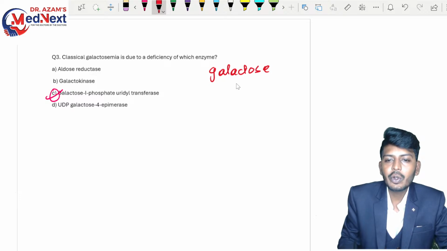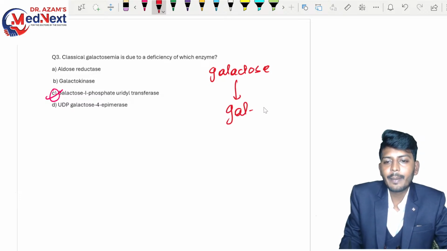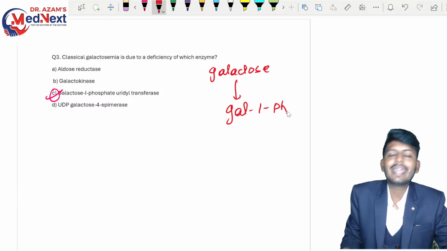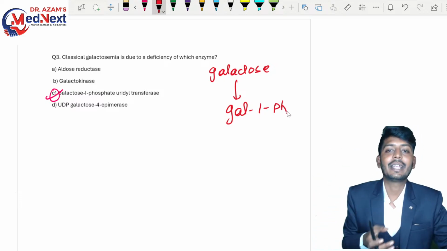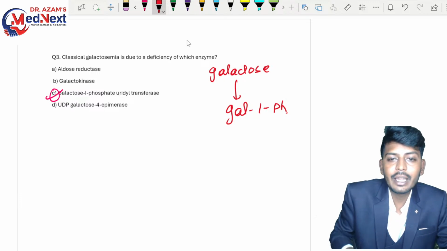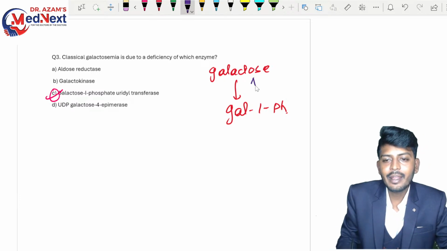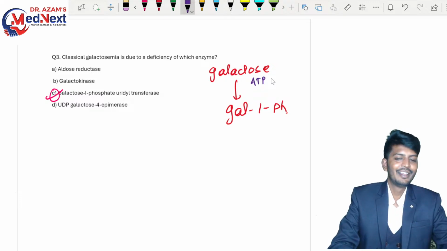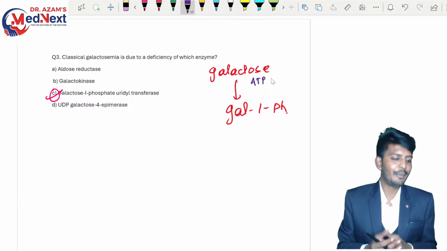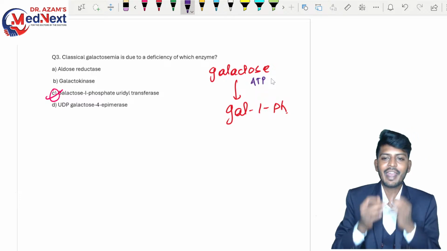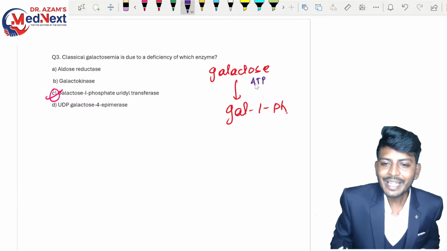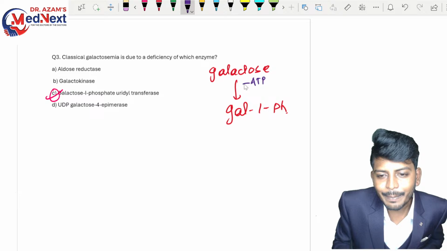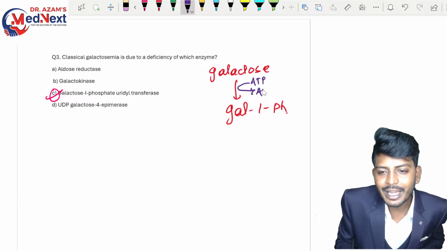This galactose will get converted into galactose 1 phosphate. Anywhere you are adding a phosphate into some other molecule, you will take one ATP, which gets converted into ADP.